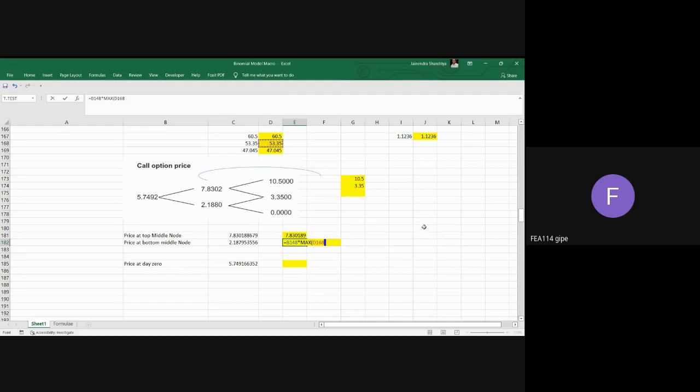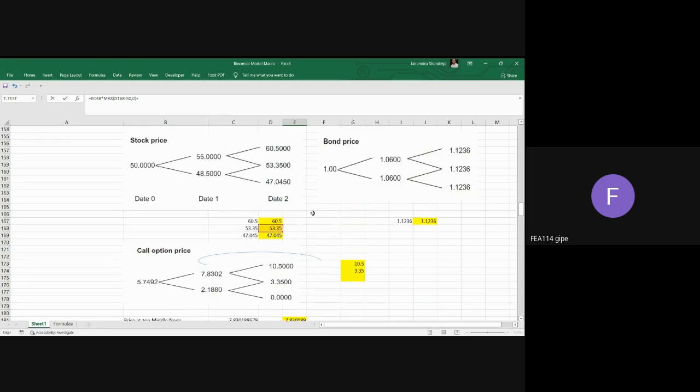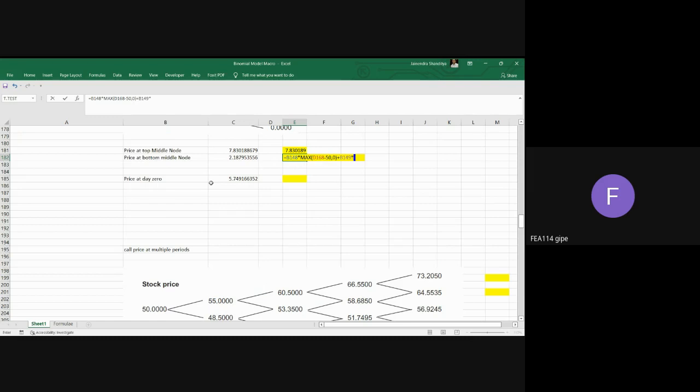So we'll take 53.35 minus, we could have taken S into U into D, but because we know the price, I'm taking it like this, minus the exercise price of 50, or 0, plus QD, which is again this one, into the maximum of.